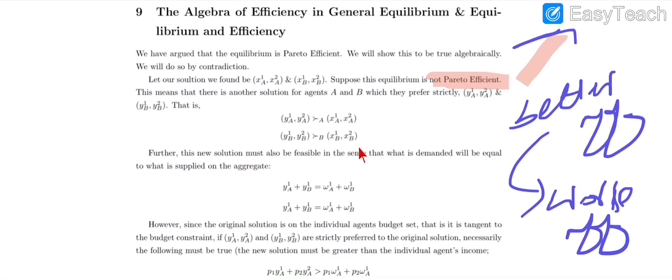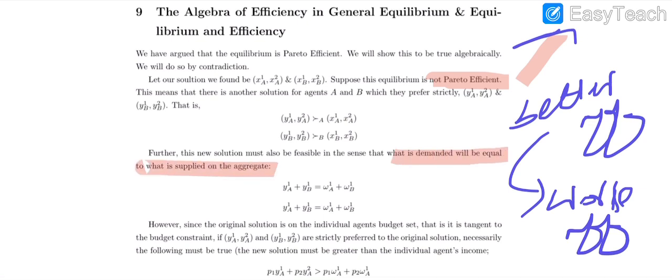It means that the equilibrium point shows demand equal to supply for agent A and agent B. The original solution is similar to the last case, that total demand will be equal to the supply.